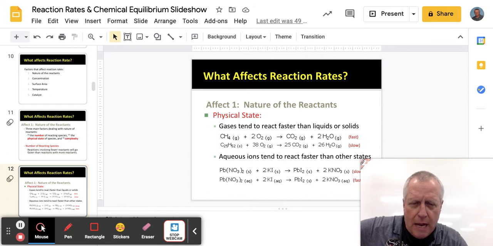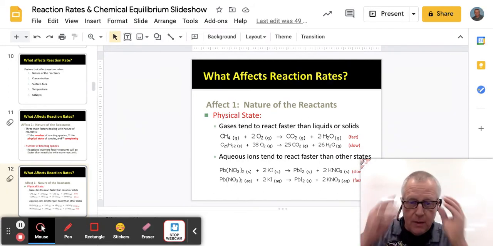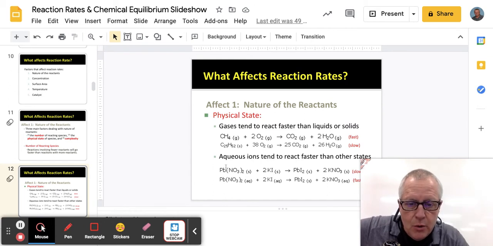The physical state of the reactants could be either gas, solid, or liquid, and that's what's represented here with the G as a gas. Here's S for solid, and then sometimes you'll see an AQ, which means aqueous solution, a solution that has a concentration with water.